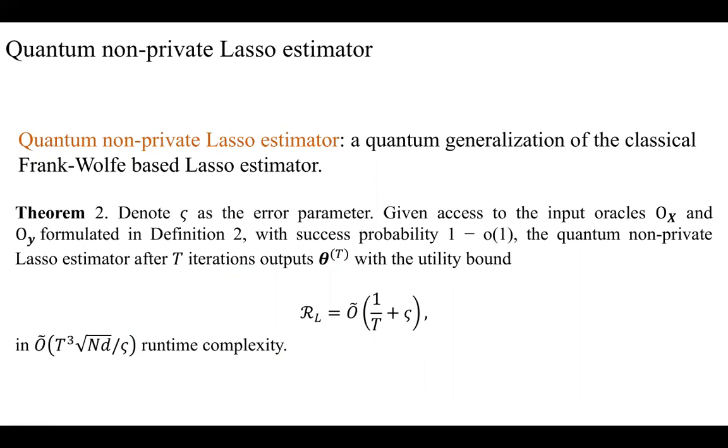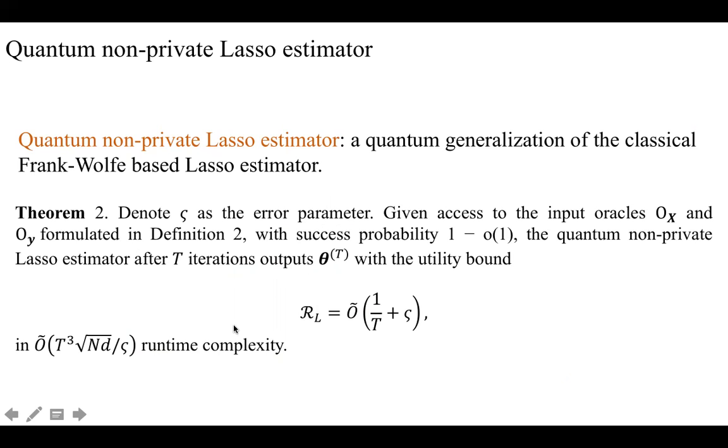We now explain the proposed quantum non-private lasso estimator. In particular, it's a quantum generalization of the classical Frank-Wolfe based lasso estimator. And the runtime cost and the utility bound are described in this theorem.